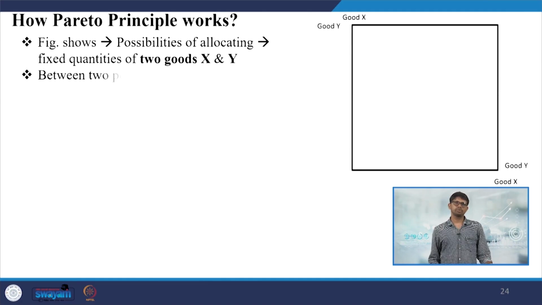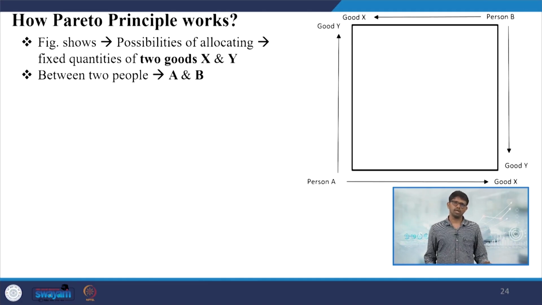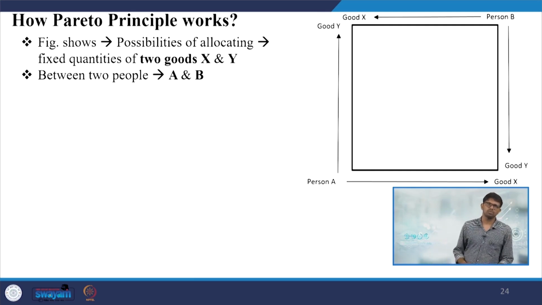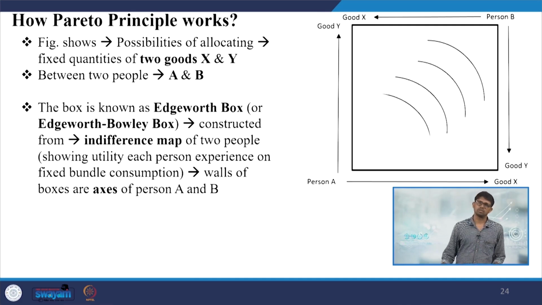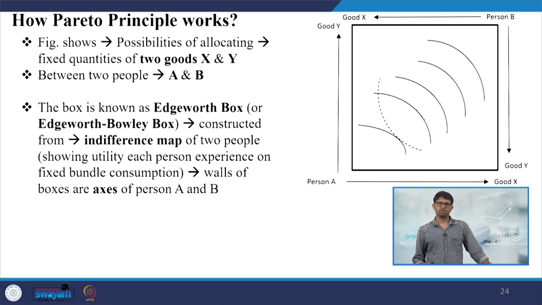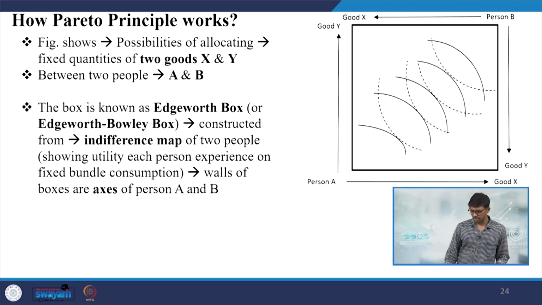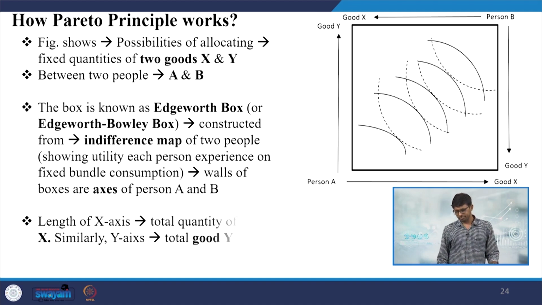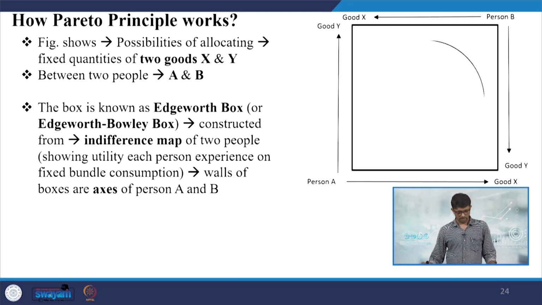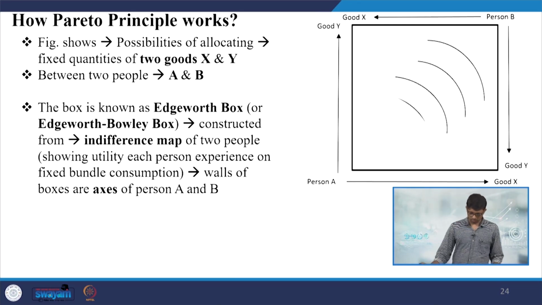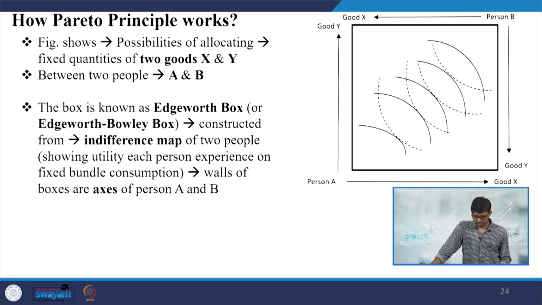Here it shows commodities, goods X and Y, and in the two extreme corners we have the two people and their choice functions. If you remember, we used to attach their indifference map. This is for one consumer, and in reverse, another consumer's indifference curves are shown. Once again, if you see this, you will find the clear difference. Now, this is the indifference curve of person B, and in reverse the other indifference curves are plotted.